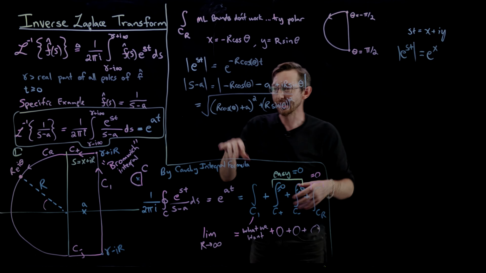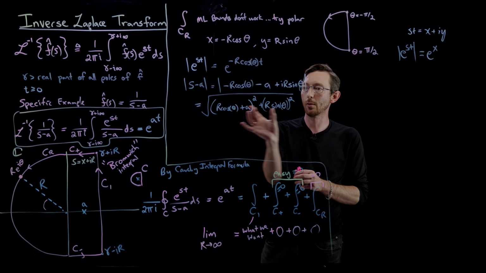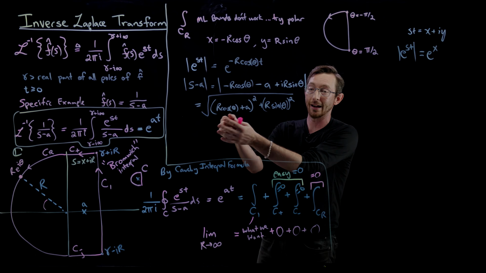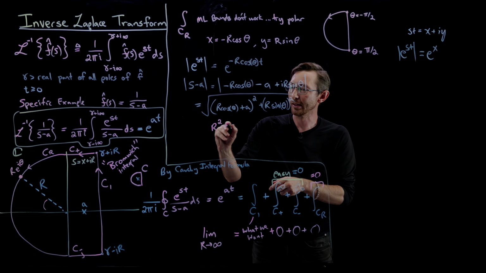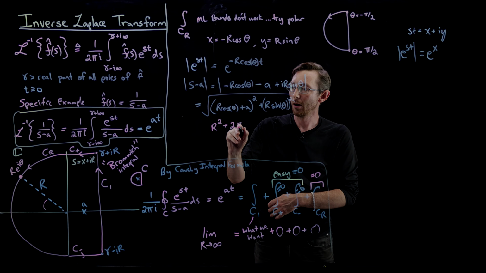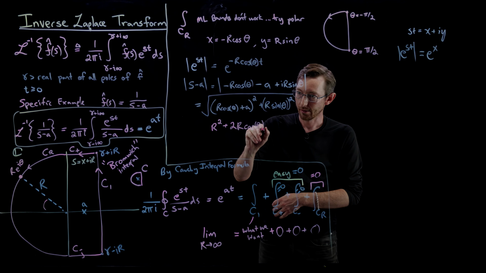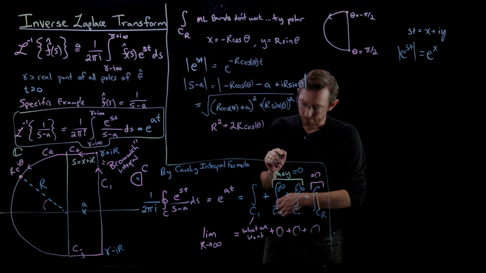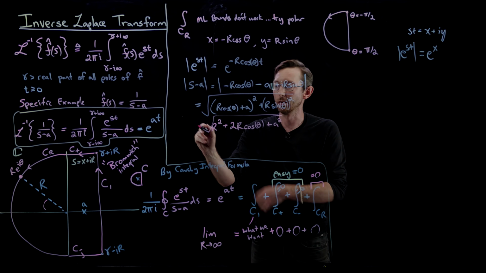And if I do a little fancy arithmetic here and cancel out some stuff, I'm going to get an r cos squared and an r sine squared. Those are going to add up to an r squared. So I'm going to get an r squared plus 2r cos theta plus a squared. Okay, that's what all of this simplifies to.